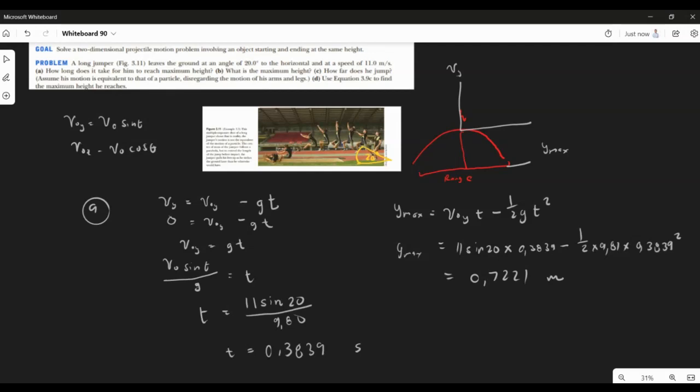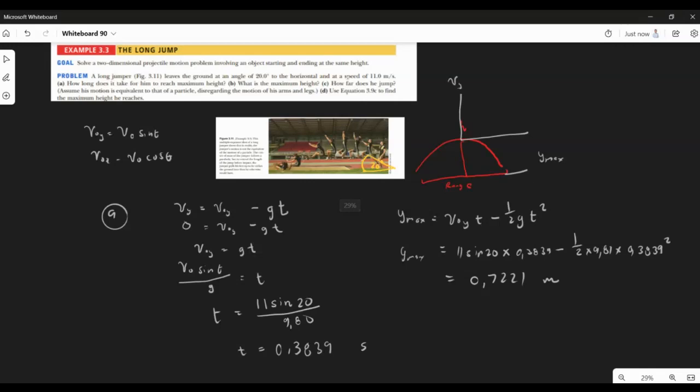So what I'm going to do is skip the one. They're asking us to use 39.c, so I'm just going to snip that on. So what they want is for you to use this equation.